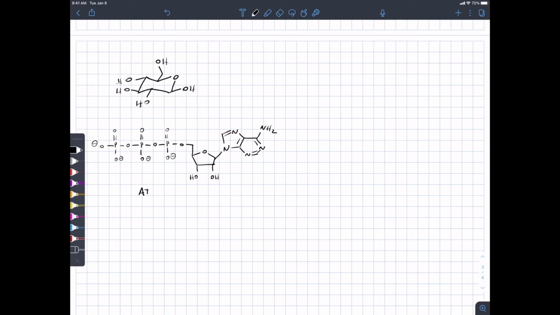So this is ATP. And in this process, there's an enzyme called hexokinase that transfers a phosphorus group from the end of the ATP molecule and puts it on the terminal or the carbon-6 hydroxyl group of glucose.